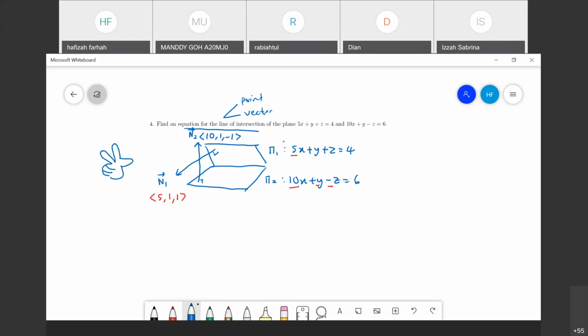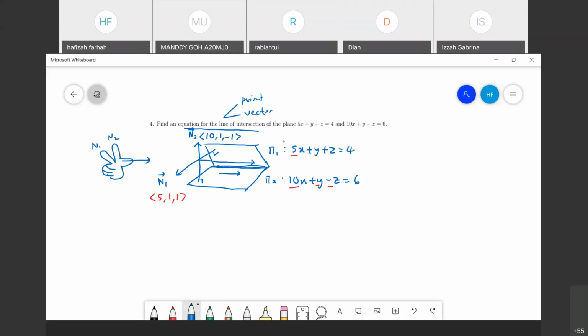So this will be your n1, n2, and the other vector will be here, where the cross product of n1 and n2 is parallel to the line of intersection between these two planes. Now we can get our vector that is parallel to the line of intersection.